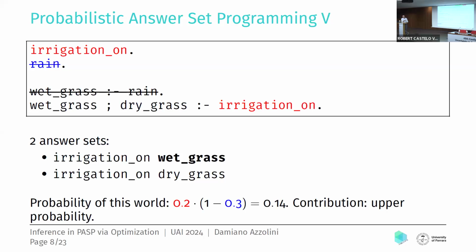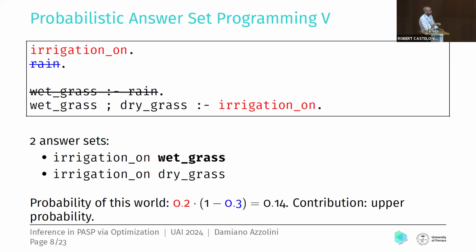So to make it even more clear, consider again this program I have just shown. So irrigation is true, rain is false. We have 2 answer sets, one with wet grass and one with dry grass. Suppose we are interested in the probability of wet grass. In this world, wet grass is true in only one of the 2 possible solutions. So in only some of the possible solutions.